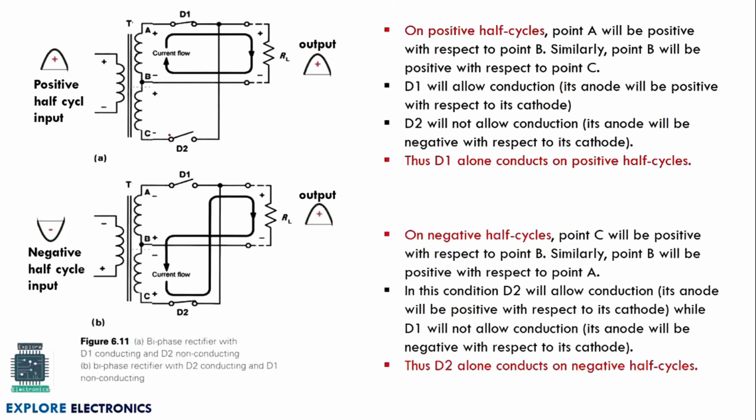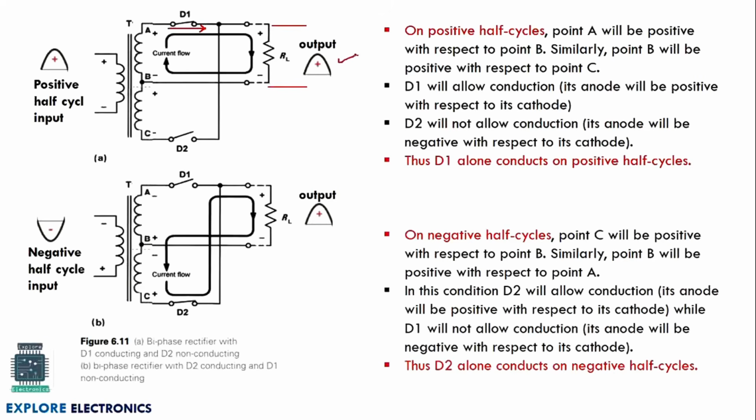So D1 becomes forward biased and D1 conducts, and the current will flow in this direction through RL and come back to the negative terminal. The voltage across RL, if we measure like this, is the same as the input signal we have given.